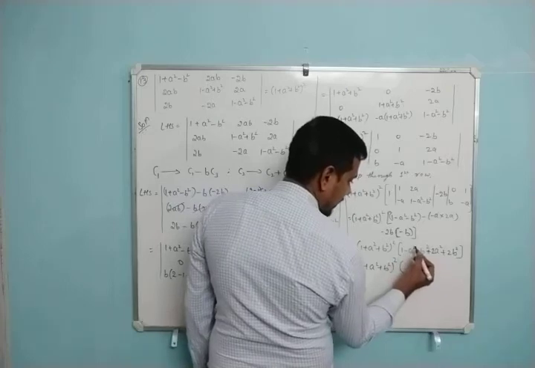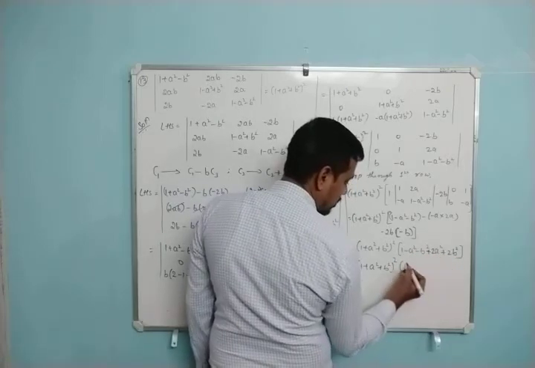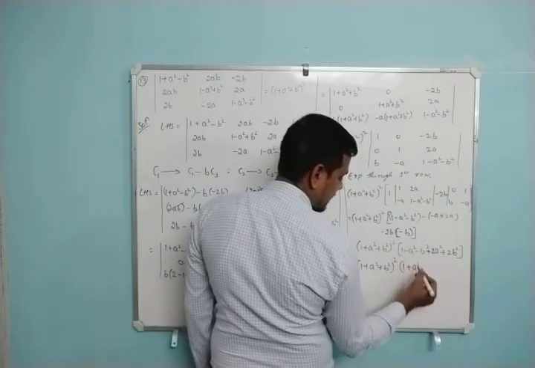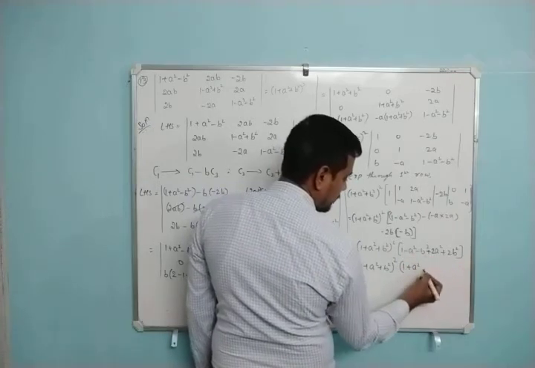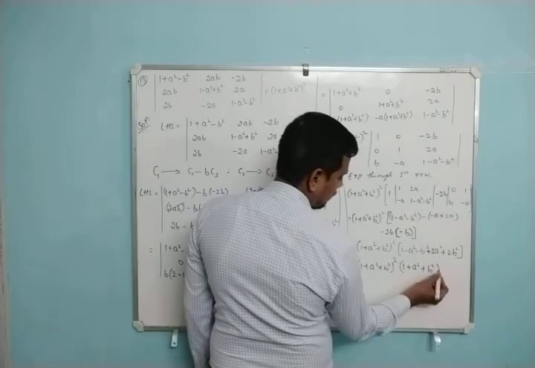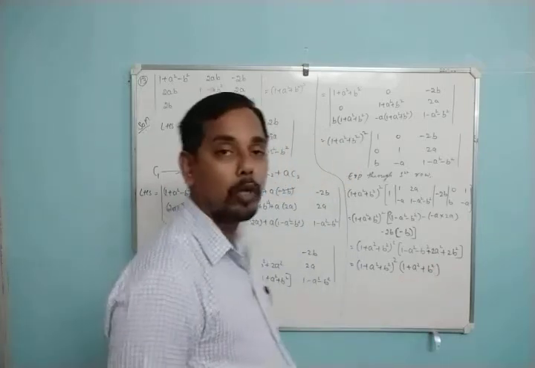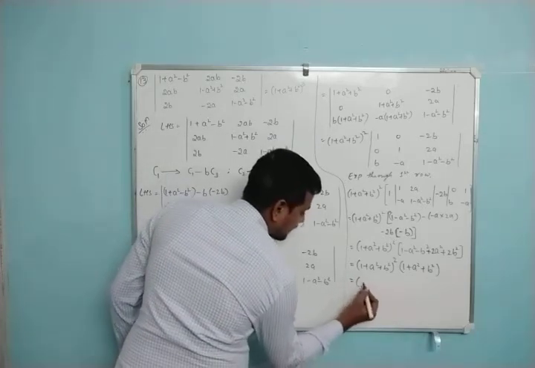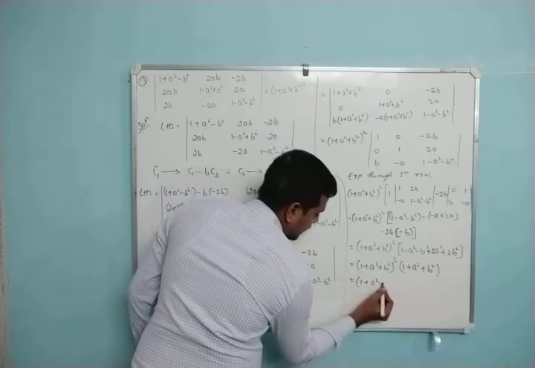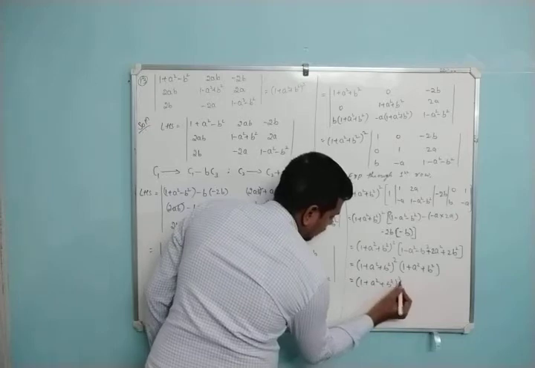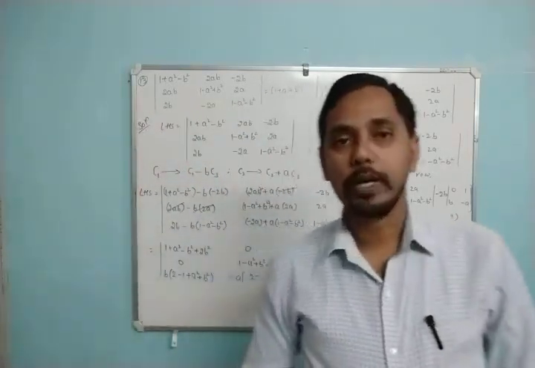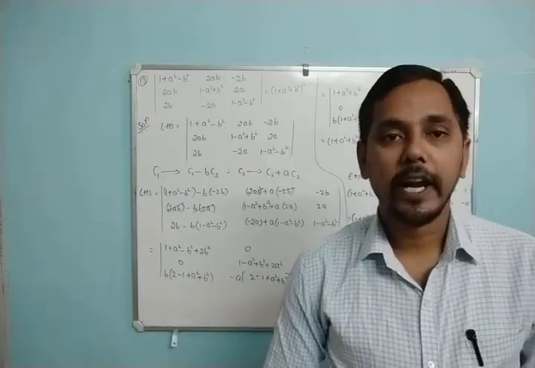So 1 is there, minus a square plus 2a square, 1 as it is, plus a square. 2a square minus a square is a square. 2b square minus b square is plus b square. Okay, so now I can write this as 1 plus a square plus b square the whole cube. So this is what was required. So we have proved it already. So you pause the video and make a note of this.